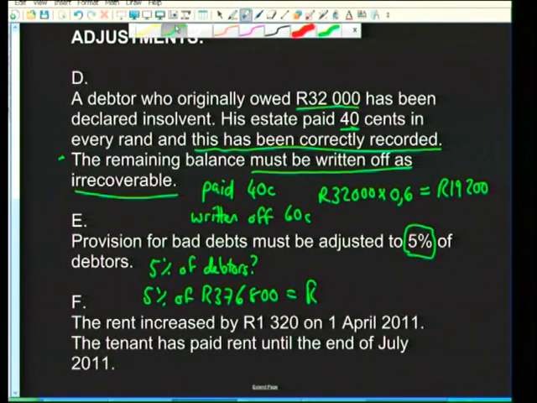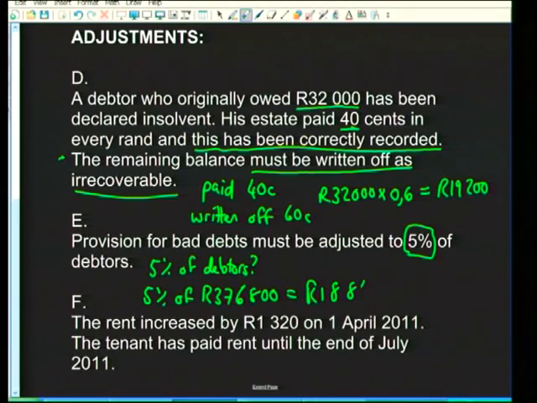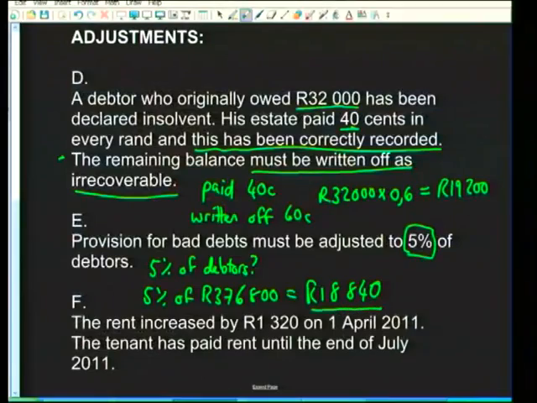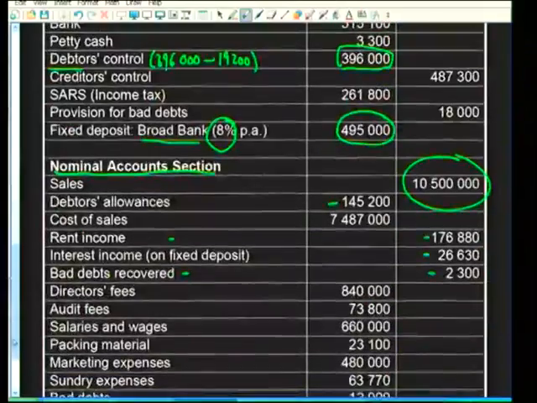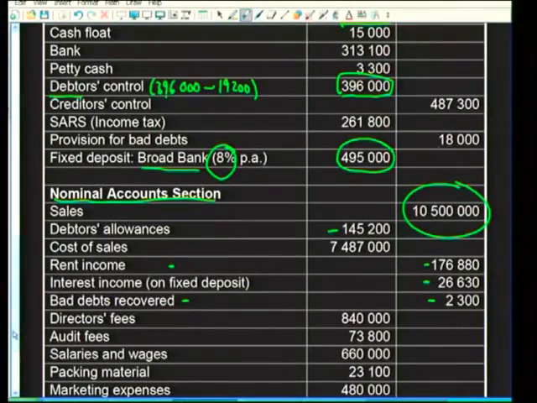Now, what you need to remember when doing this provision for bad debts is that we're going to calculate the difference between the provision for bad debts that we have and the provision for bad debts that we want. We want our provision for bad debts to be 18,840, but in the trial balance, it's already given to us as, let's find it, it's already given to us as 18,000 Rand. So there's going to be an adjustment. We need to change it.